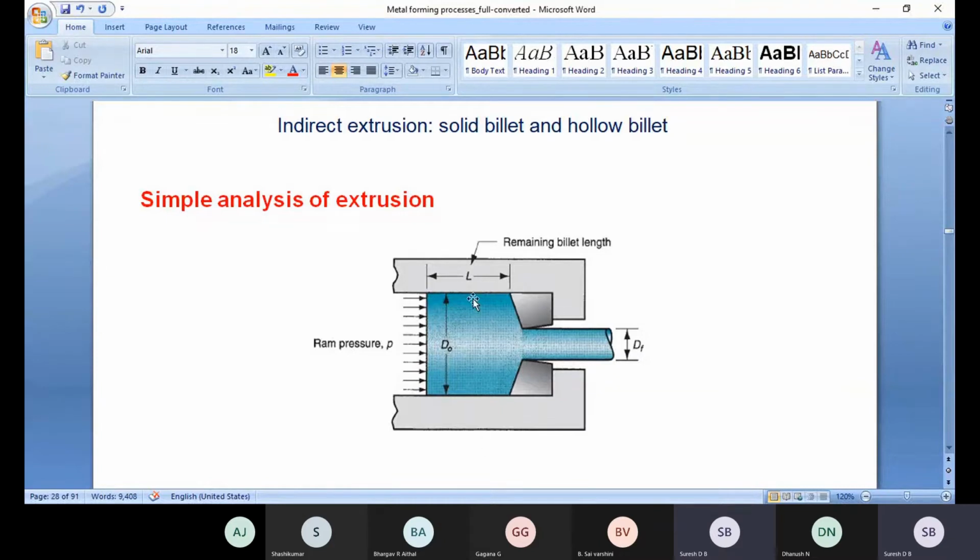Don't consider the complete length, because once you feed the material inside the container, at that time the material is not compressed. Without any application of external force or load, the material is not compressed. So you consider the original length of the billet, ear to ear. Don't consider this entire length, because this is already compressed material.